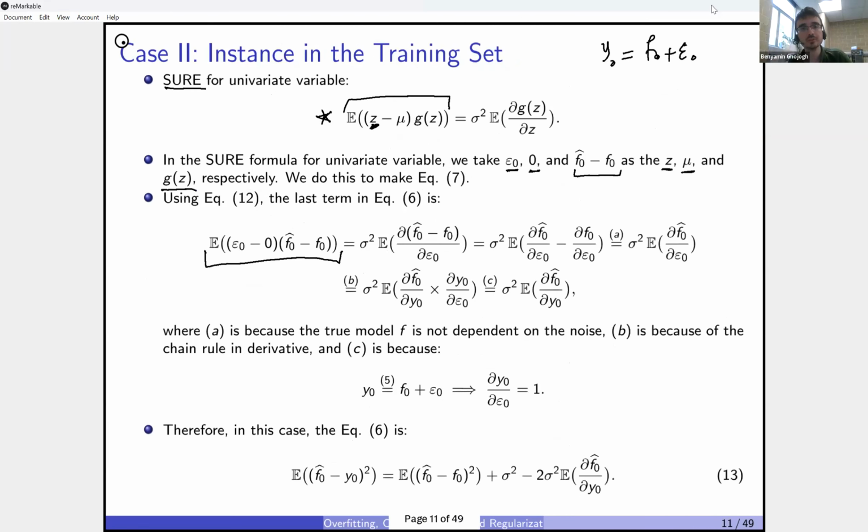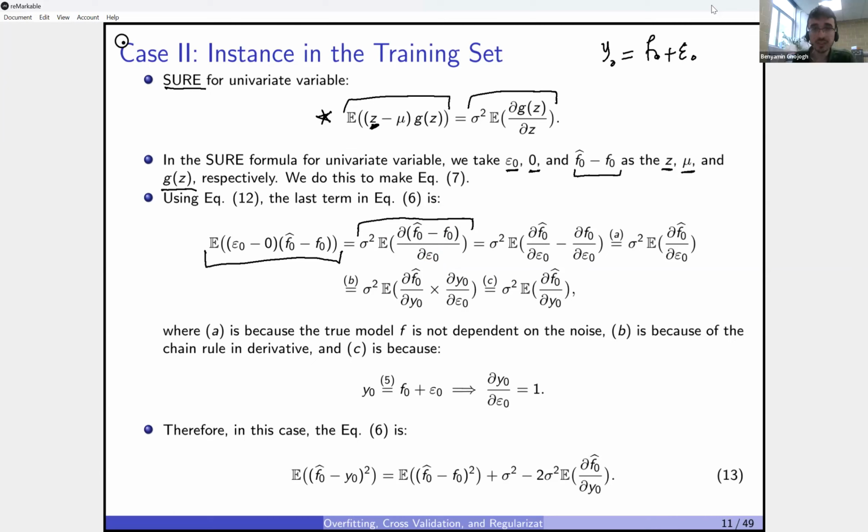So what do we do? We put Z to be epsilon 0, mu is 0, and G(Z) is f0 hat minus f0. Now, according to the right-hand side of SURE, we have sigma squared times the expectation of the derivative of f0 hat minus f0 with respect to epsilon 0, right?